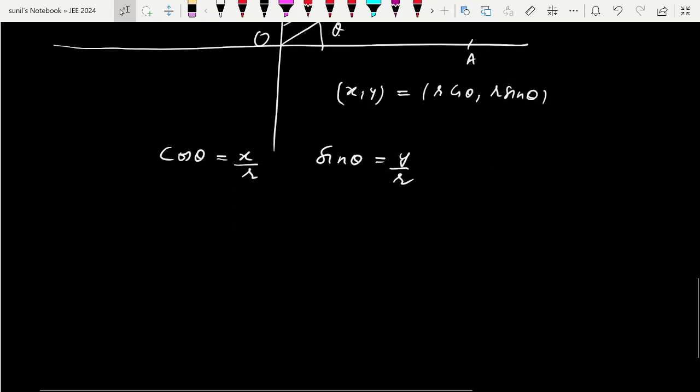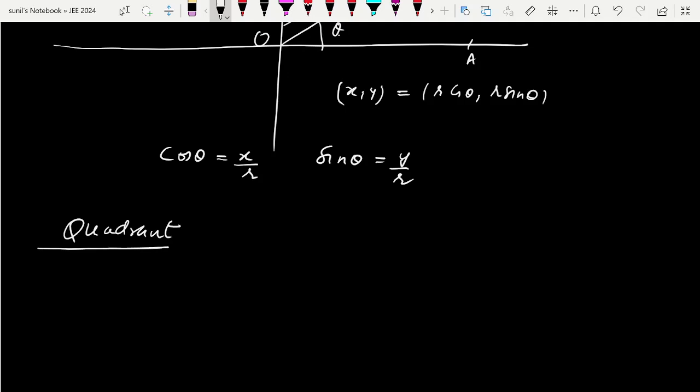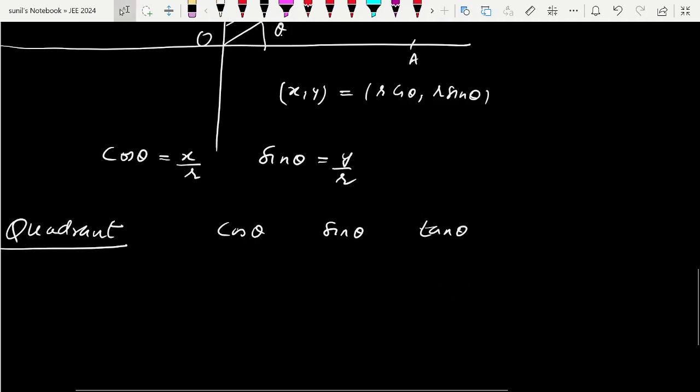Now see, if I consider the quadrants here, and then write the signs of cos theta, sin theta, tan theta, and the signs of sec theta, cosec theta and cot theta.